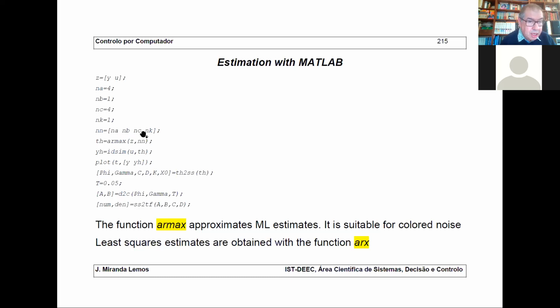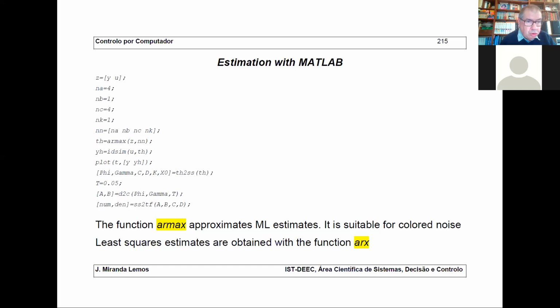These numbers are the estimates of the different polynomials A, B, and C, so the coefficients Ai, Bi, and Ci. And you just say armax, Z is the data, and N is the structure, okay? Then you can do a simulation and so on.